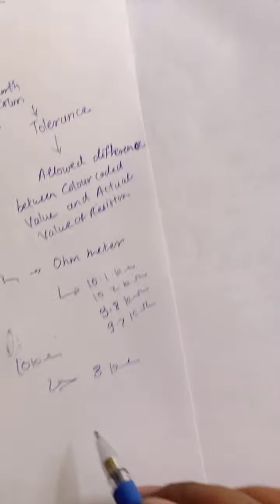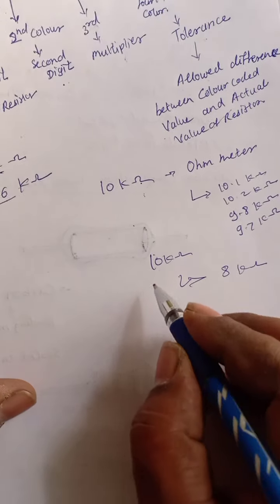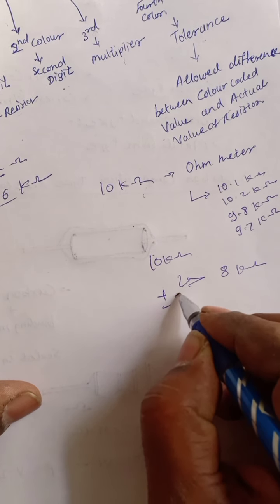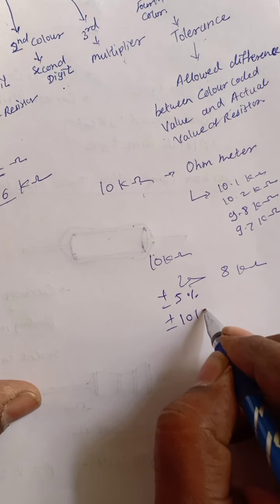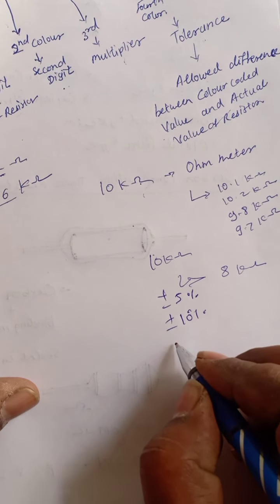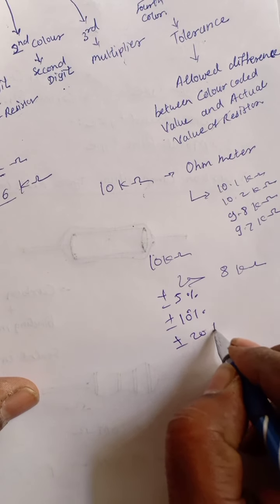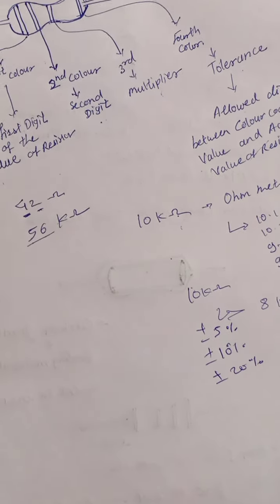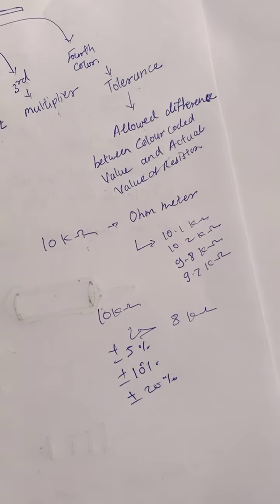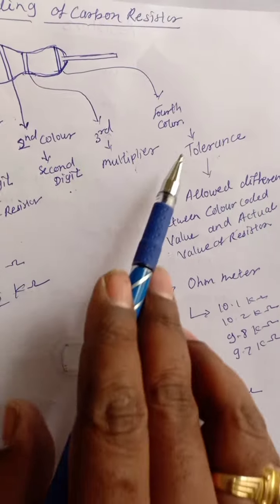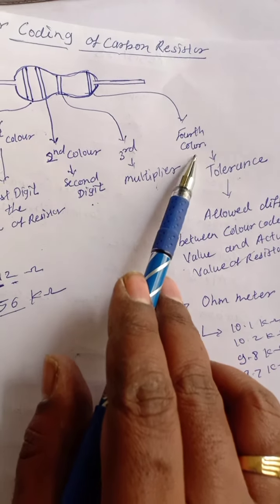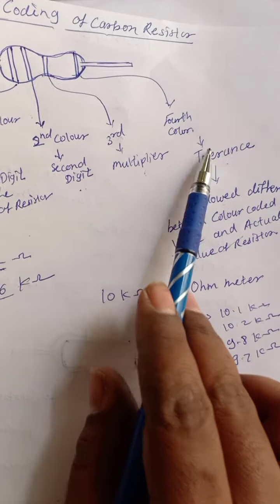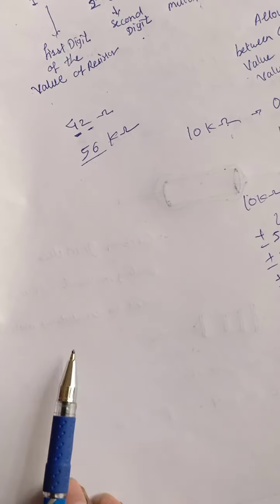It may be plus minus 5%, plus minus 10%, or plus minus 20%. This difference percentage is given by the tolerance color band.